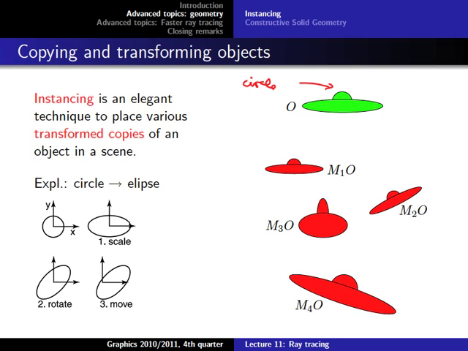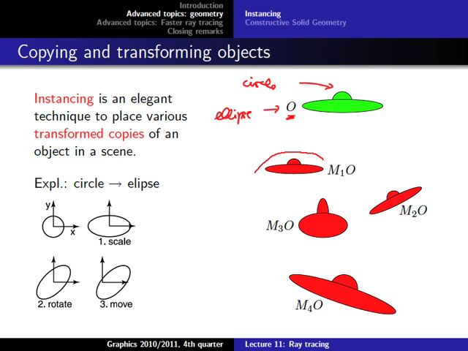And then we transform this and create an ellipse, which is just a non-uniform scaling of the circle. If we want to have this flying saucer, we also have to move it down a little, so it's scaling and translation. And then we can use that as an object. It's just called O here, to represent the object or all points that are associated with it. And then we can apply transformation matrices to it.